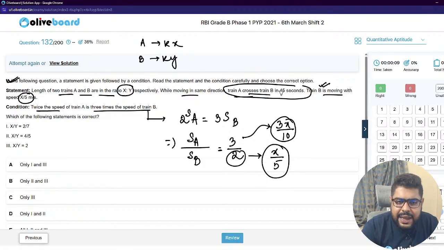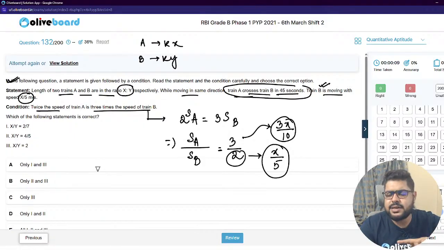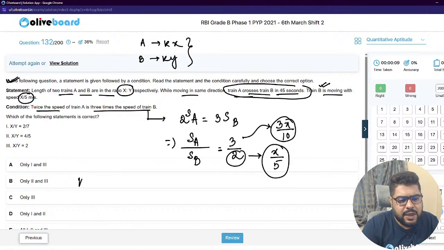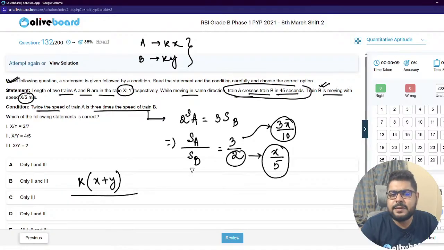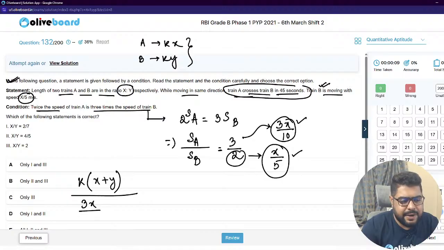Now train A crosses B in this. Sir, if the faster train wants to cross the slower train, the distance will be the sum of their lengths. That means these two, so k common, x plus y. Distance by speed, I know, sir. Relative speed because both are moving, so this minus this: 3x by 10 minus x by 5.